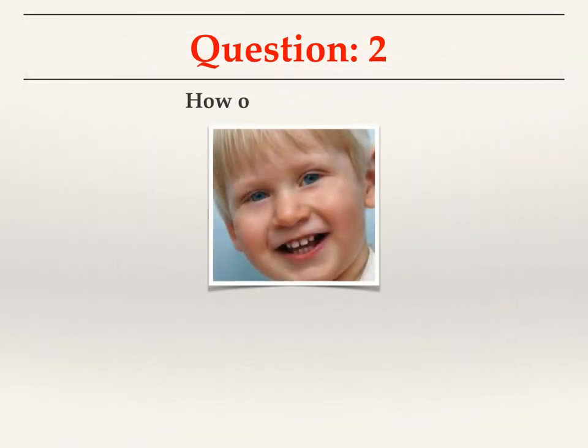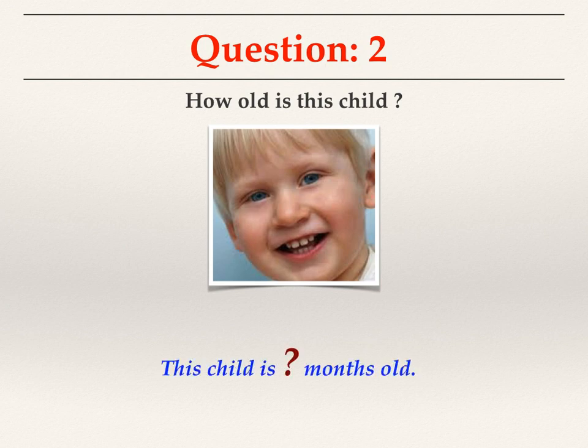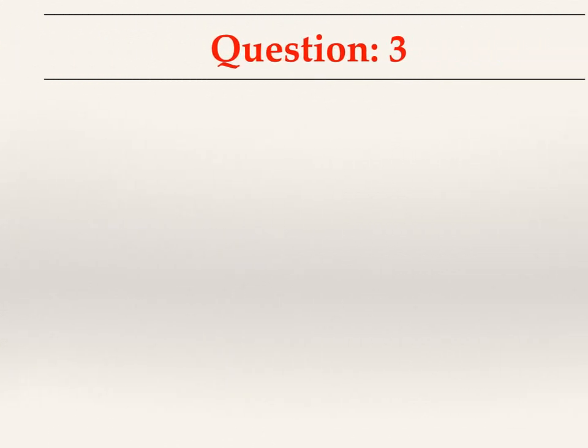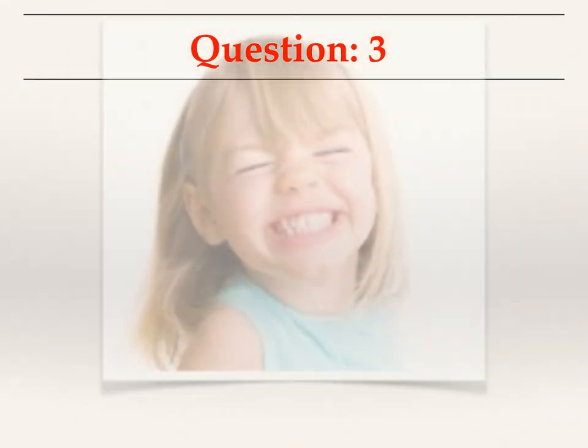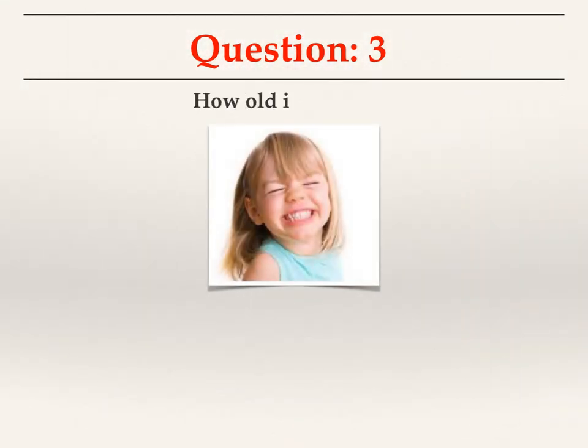How old is this child? Another question, question 3. How old is this girl? This girl completed the eruption of all deciduous teeth, and so this girl is more than 2 years old.